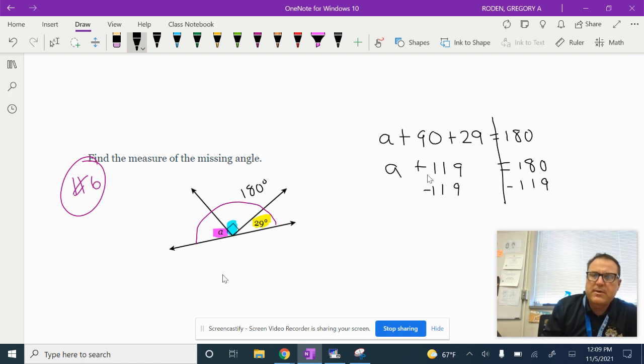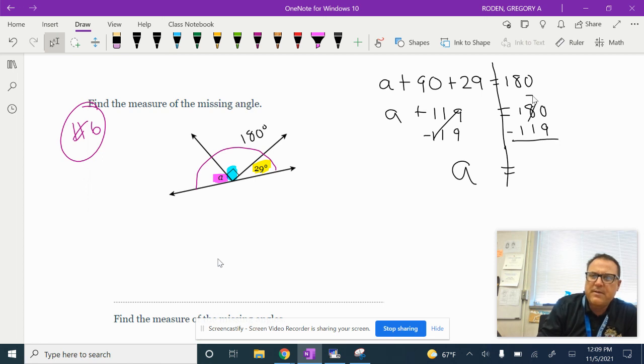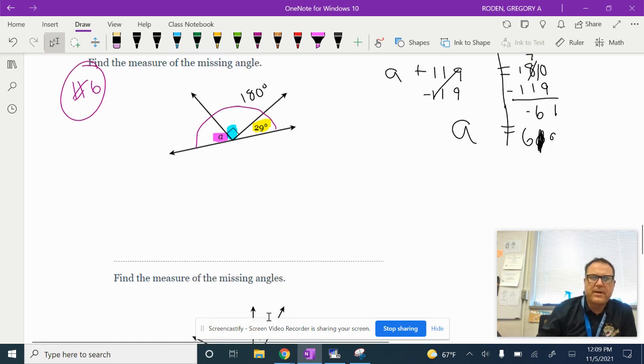We got A equals, now over here, that makes a 7. That's a 10. That's a 1. That's a 6. 7 minus 1 is 6. That's a 0. I'm getting 61 degrees. That looks pretty good. 61 degrees is what I want to put in for the answer here.